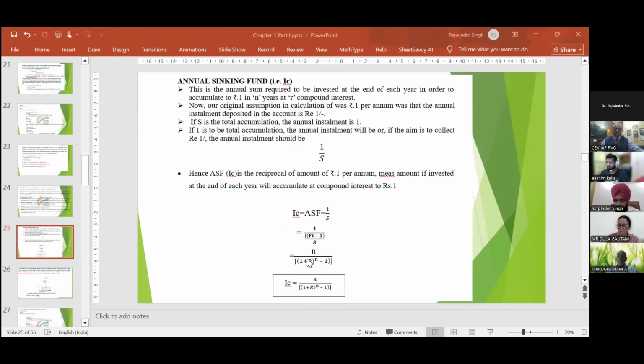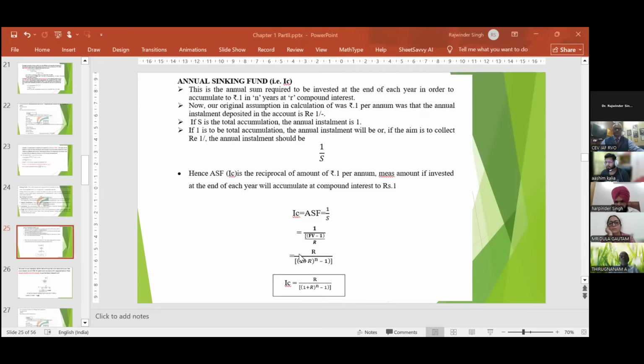So we consider it different from bank rates. That is why we have replaced small r with capital R. Basically this is the rate of interest, it doesn't matter; this is just to differentiate.